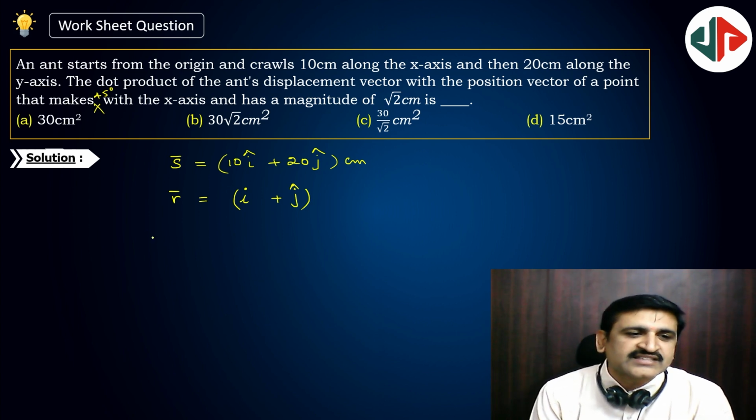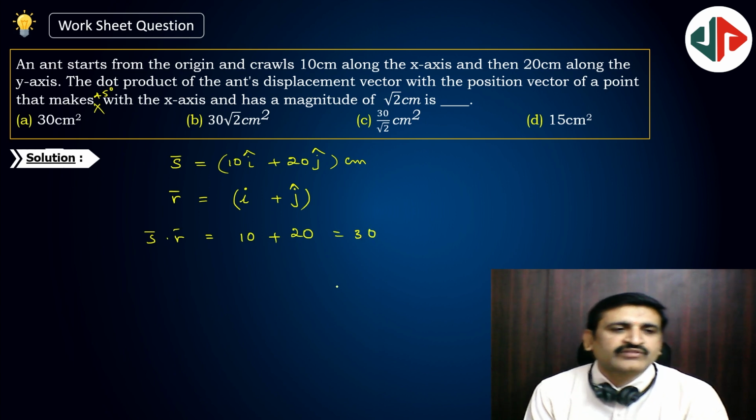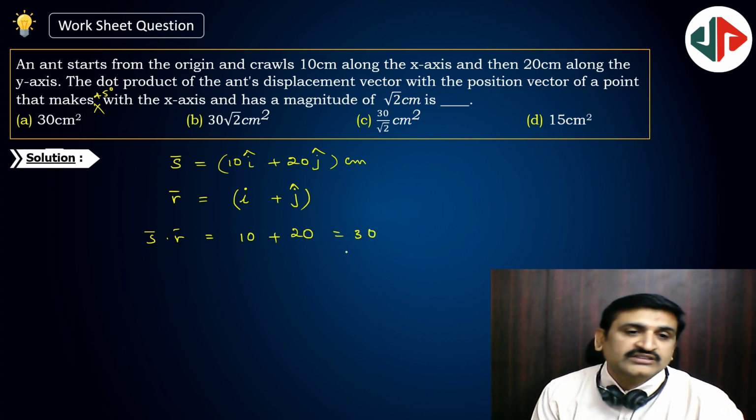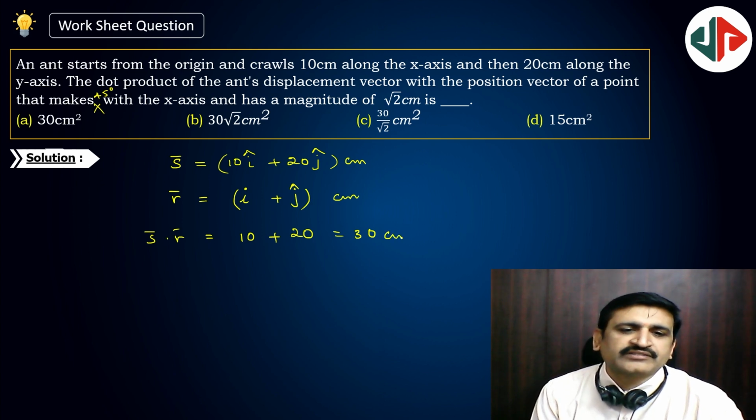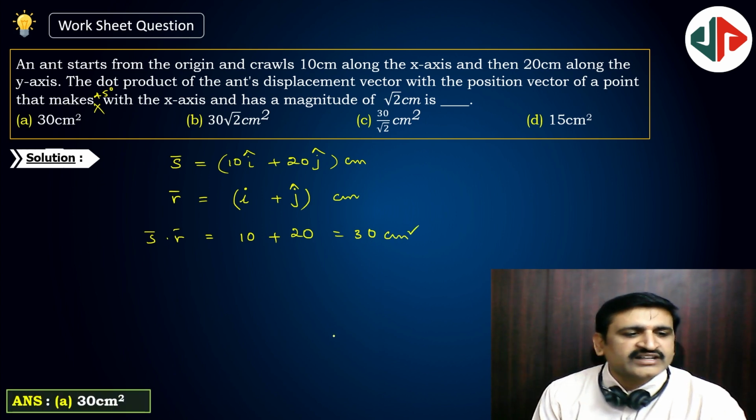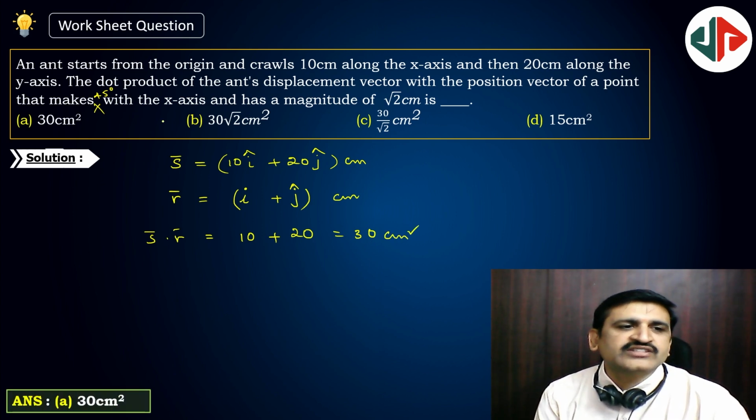Dot product is asked. S bar dot R bar. So 10 plus 20, that is 30. Both are under multiplication, so centimeter square is the unit. 30 centimeters square. Okay, this 45 degrees you need to take up.